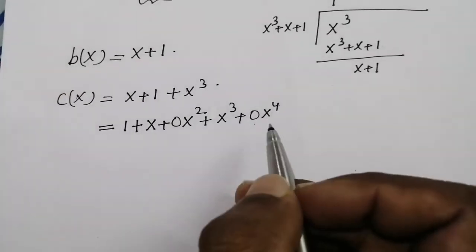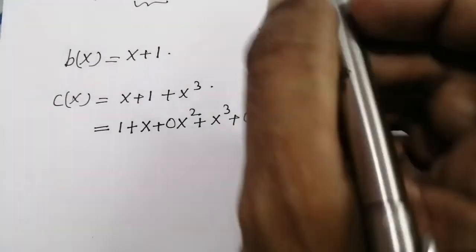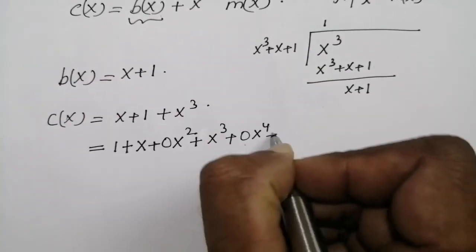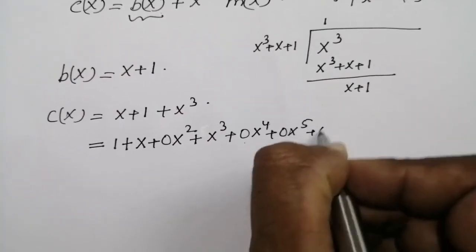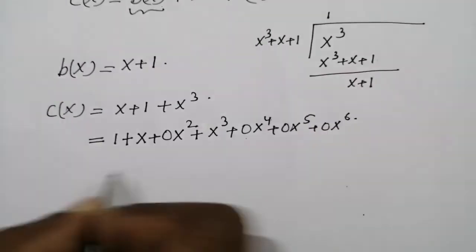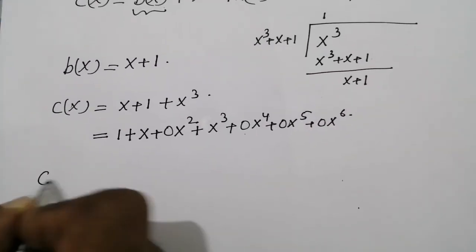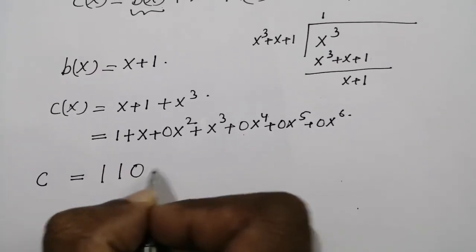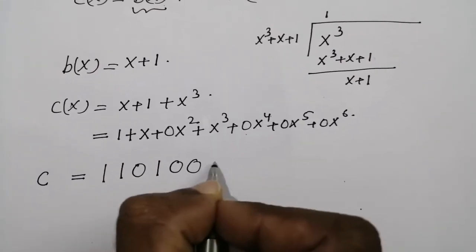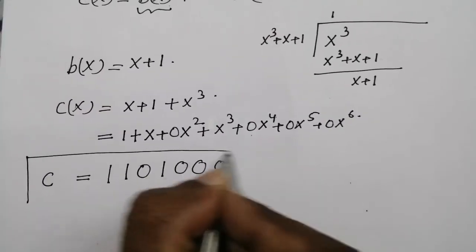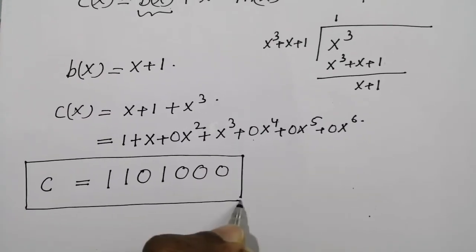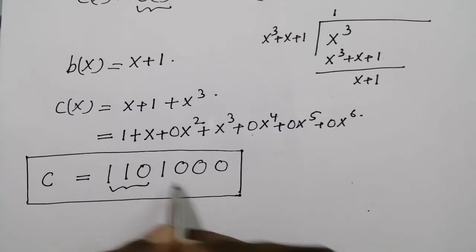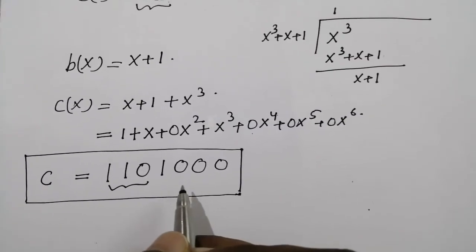Since it is a 7-4 cyclic code, we need to go up to x raised to 6. So 0 x raised to 4 plus 0 x raised to 5 plus 0 x raised to 6. So we have c equal to 1 1 0 1 0 0 0. So this is the code vector in systematic form. This is the parity bit and this will be the message bit.